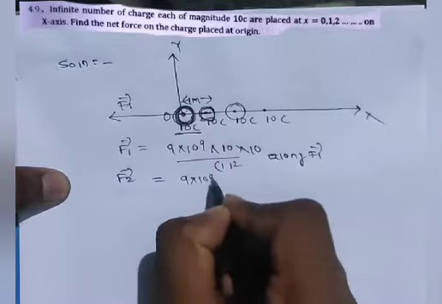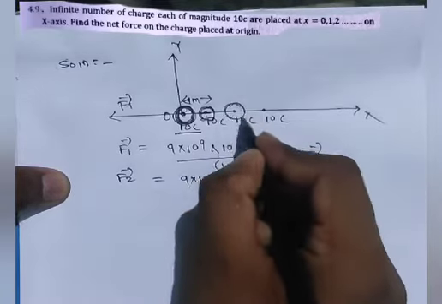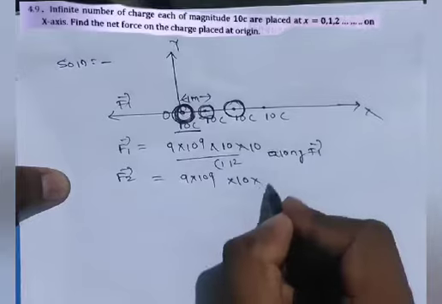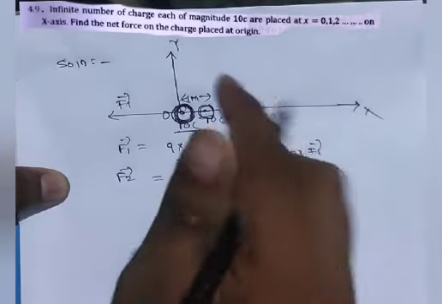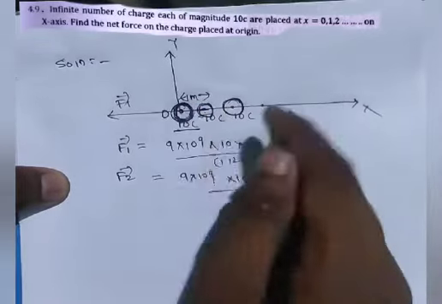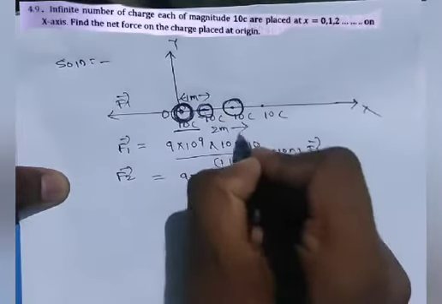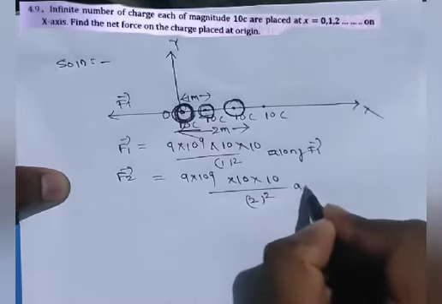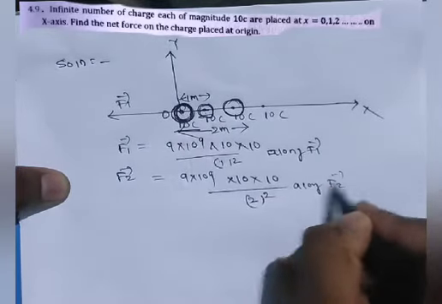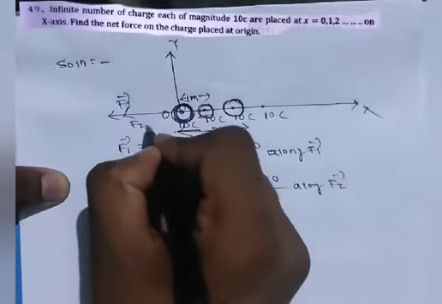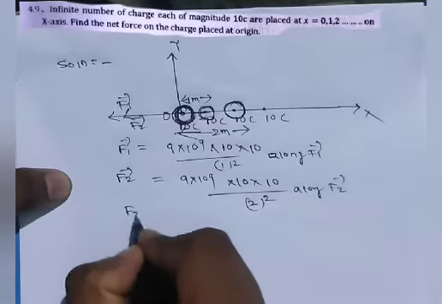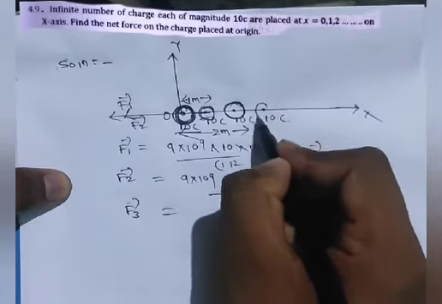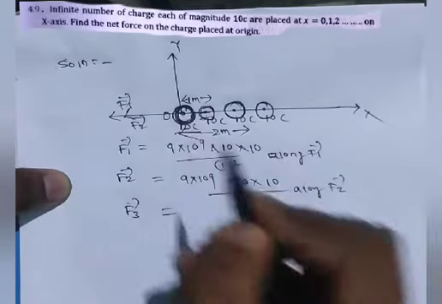Similarly F2 will be 9 into 10 to the power 9. Q1 is 10 coulomb, Q2 is also 10 coulomb, but now the distance is 2 meters, so 2 square, directed along F2, in the same direction. Similarly F3 will be the force of this 10 coulomb on this 10 coulomb.